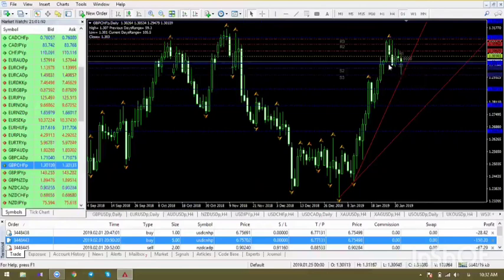The main reason is that it has opened the neck here. So it shouldn't have been opened here if it was going to go up. And when this is open, it means that we're going to have a decline in the future.